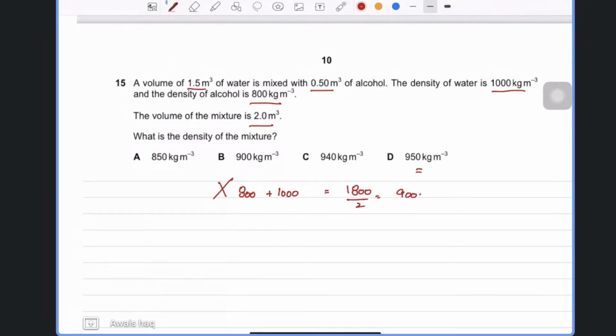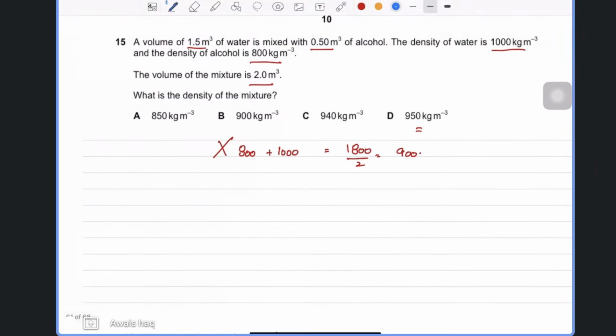Now what you should do is, first of all, find the mass. Density is mass over volume. So for the first one, mass 1 will be density, which is 1000, times the volume, which is 1.5. So it should be 1500 kilograms, right?